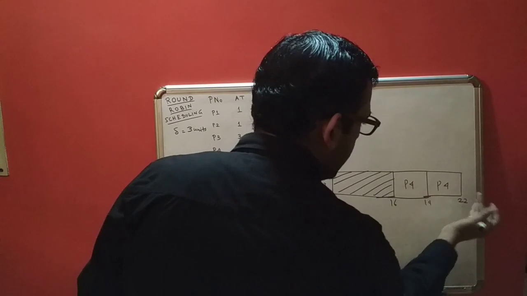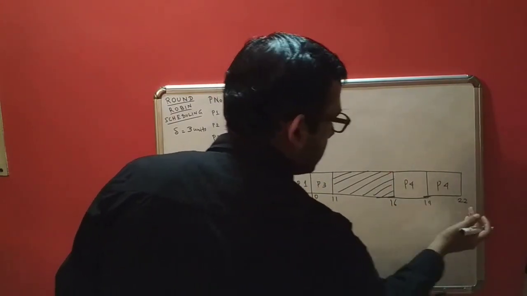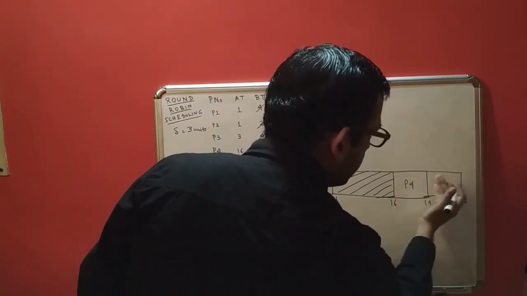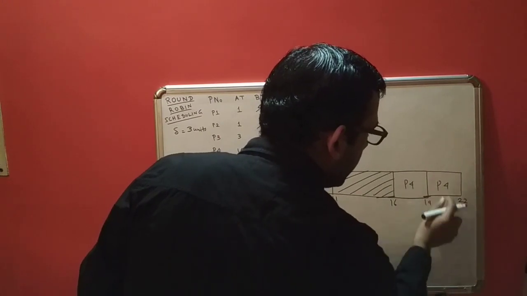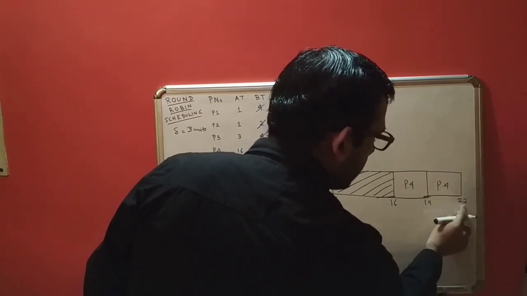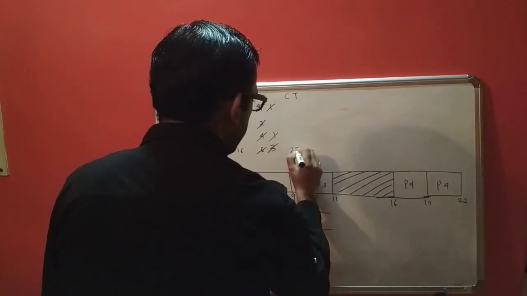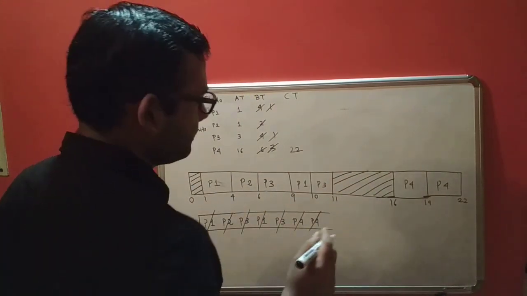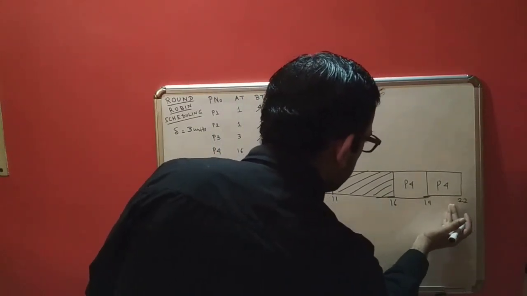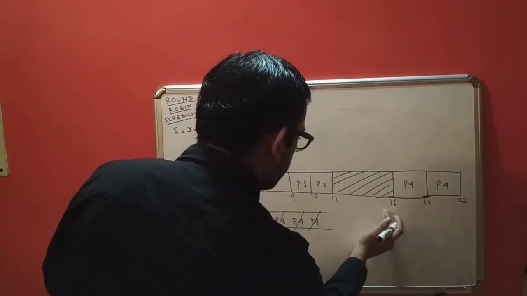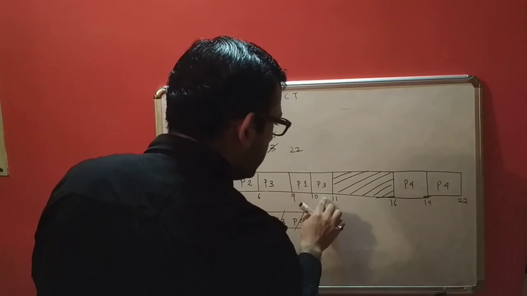Let's see. I am scanning the Gantt chart from right to left. While scanning, I find the slot for P4, and the end time of that slot is 22. That means the completion time of P4 is 22. I hope you're getting this. Now I'm scanning, going to the left. Yes, I have found a new slot.